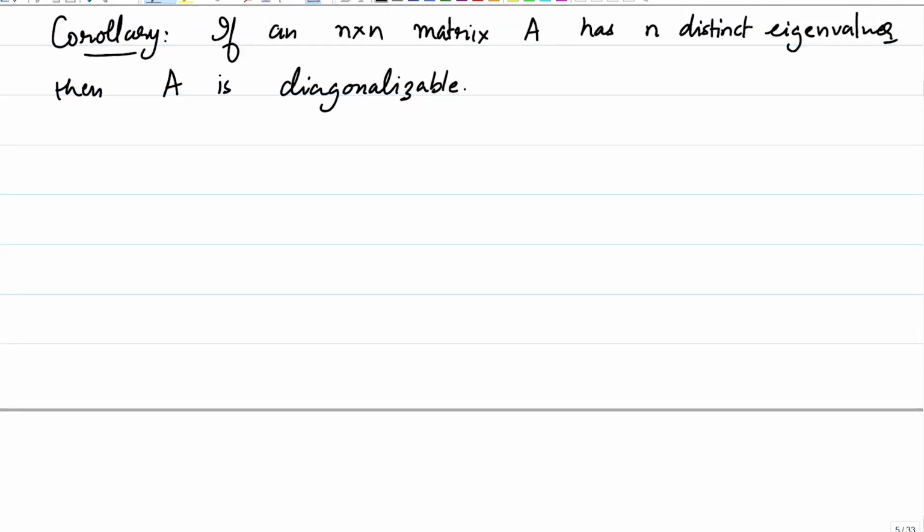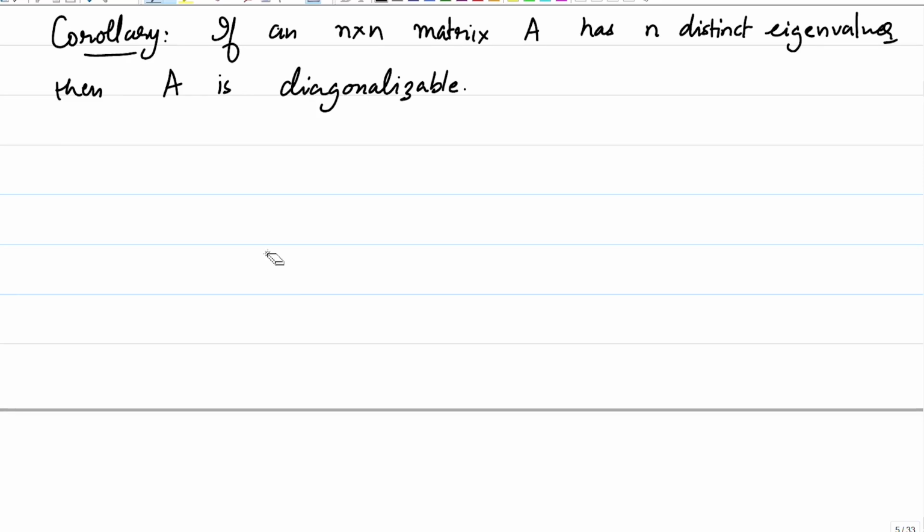That is a statement which we can say about linear operators T on V, where V has dimension n, and if T has n distinct eigenvalues, then T is diagonalizable.